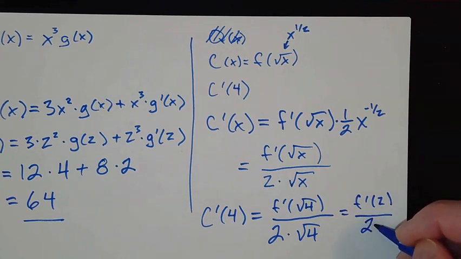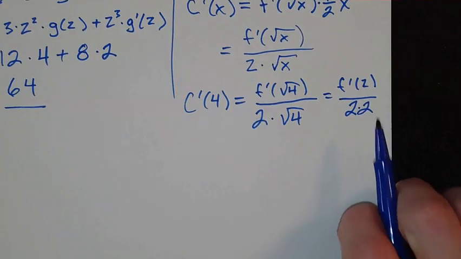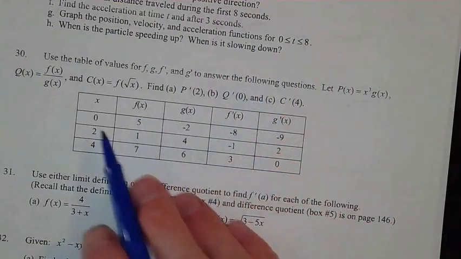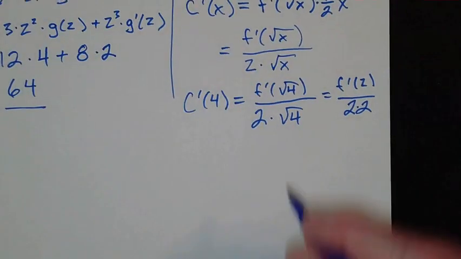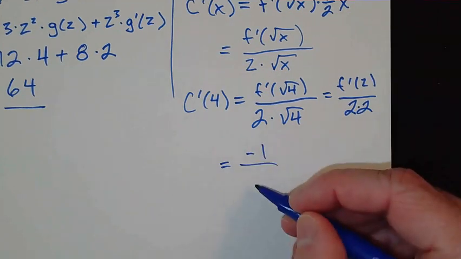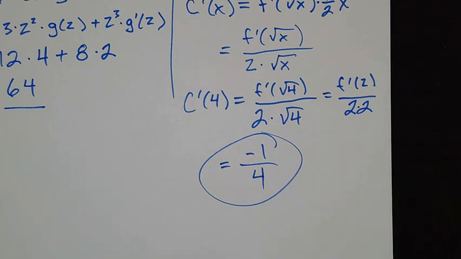And 2 times 2 will reduce to 4. So it looks like the only thing I need here is f prime of 2. F prime of 2 is -1. And 2 times 2 is 4. So that is the value of c prime of 4. And there we go with that problem.